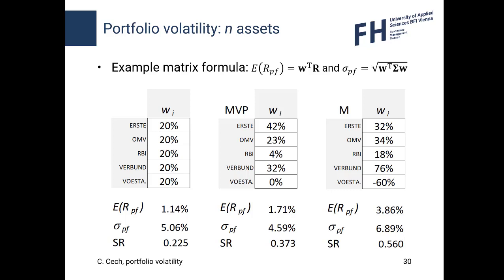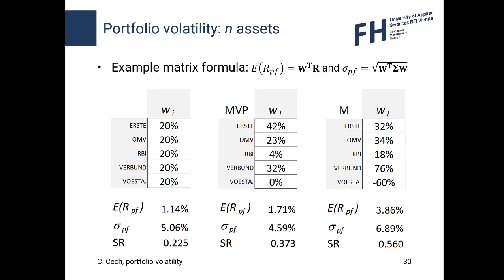What you can see here too is that we have a short position in voestalpine, so the sum of the weights still is equal to 1, but we have a short position in voestalpine.